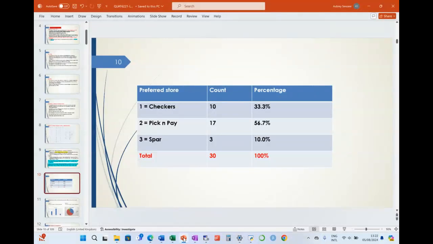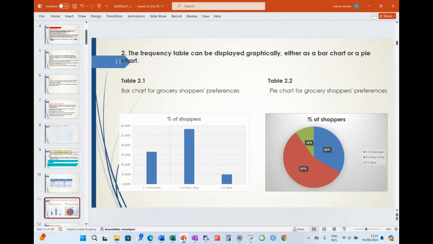So you've got your Checkers, your Pick and Pay, and you've got your Spar. And there you've got the total people that were surveyed is 30 in red under there. And then obviously, you've got how many people preferred Spar, how many preferred Pick and Pay and Checkers. And then there you've got your bar chart and then your pie chart as I communicated earlier.